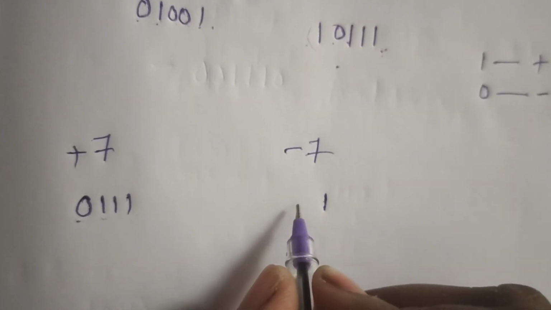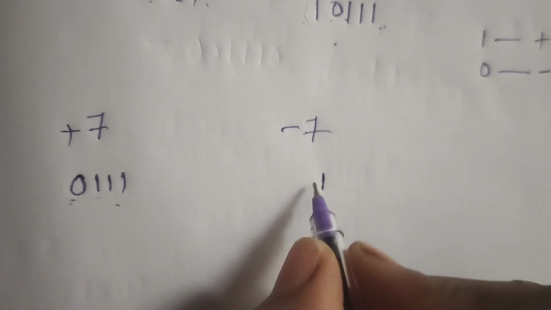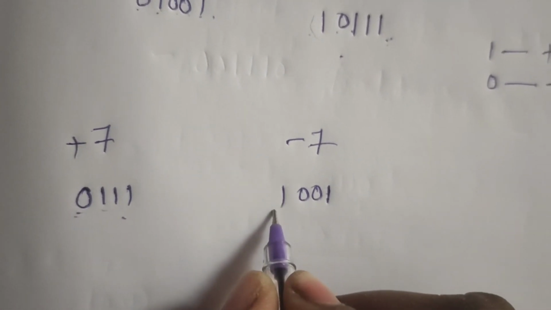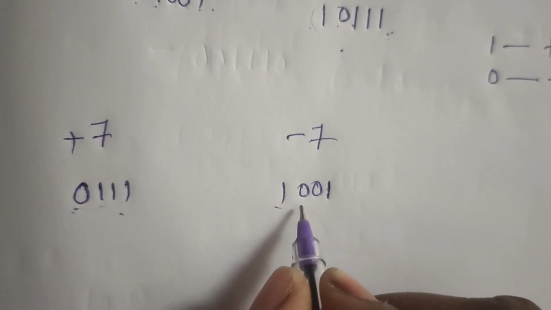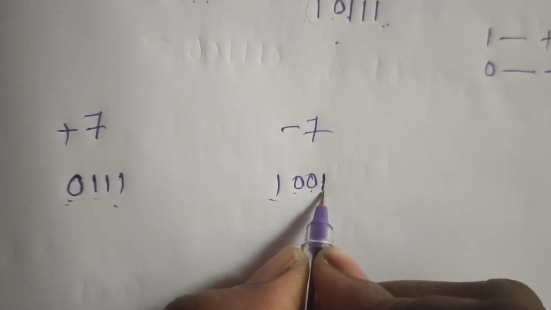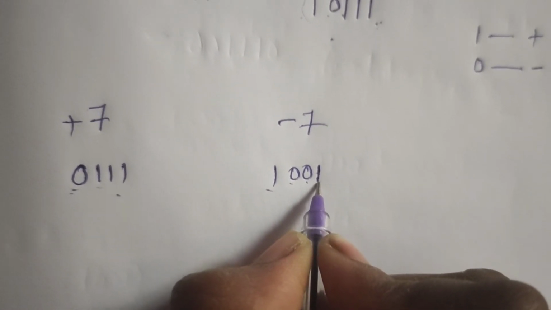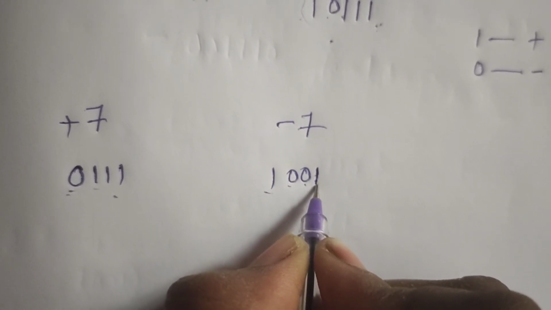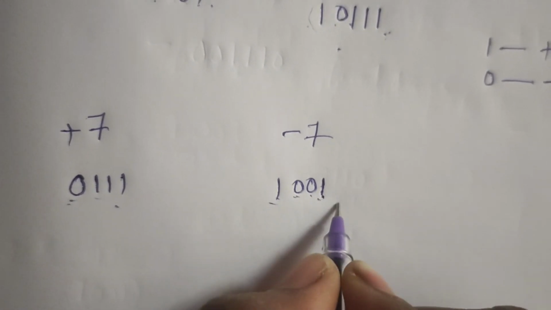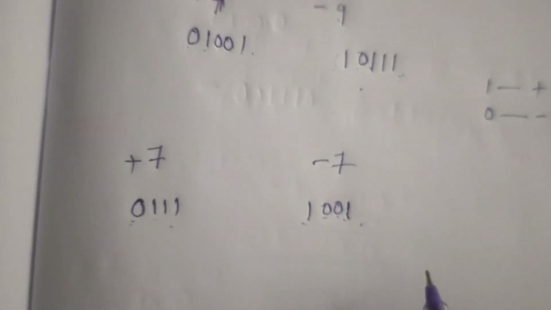Doing the 2's complement of this 0111, we get 1001. So this 1 is used for the negative representation, and 001 is the 7 value. So minus 7 is represented as 1001 in 2's complement form.